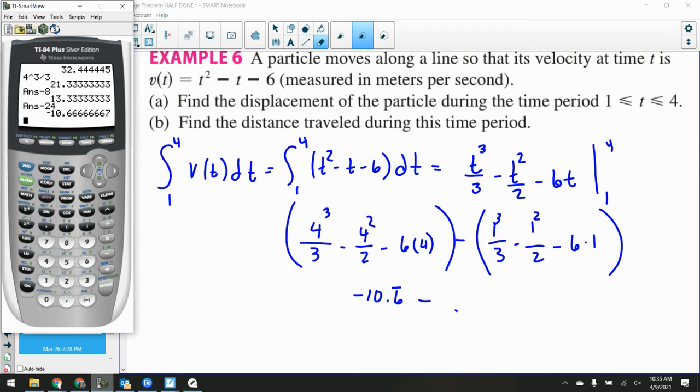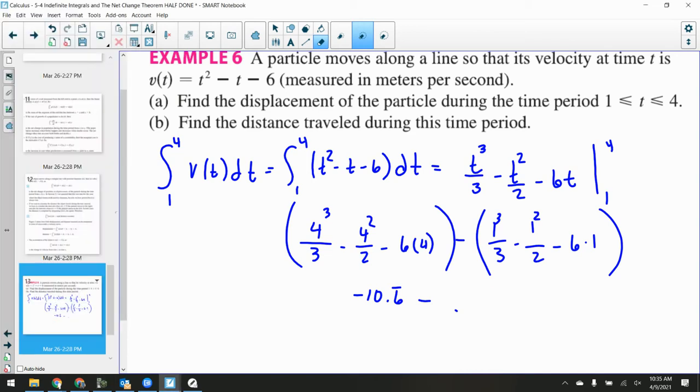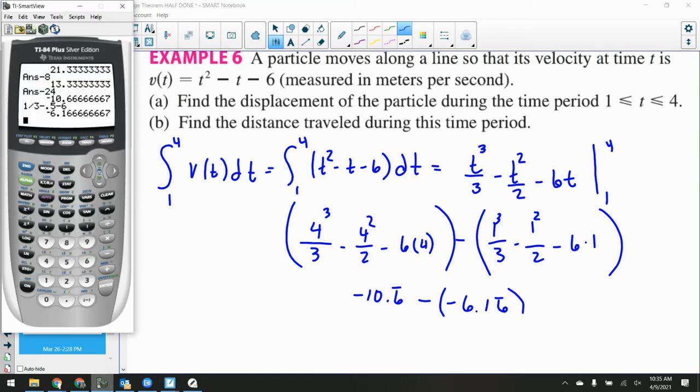Minus, and we got 1 over 3, minus 1 over 2, 0.5, minus 6. So negative 6.16 repeating. So this gives me negative 10.6 plus 6.16, so negative 4.5. I'm going to double check my answer.